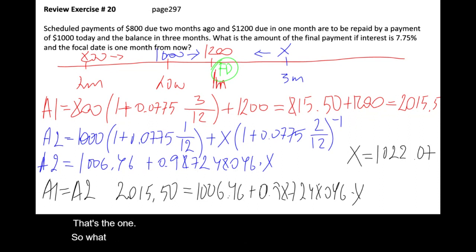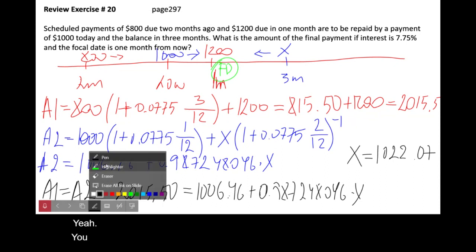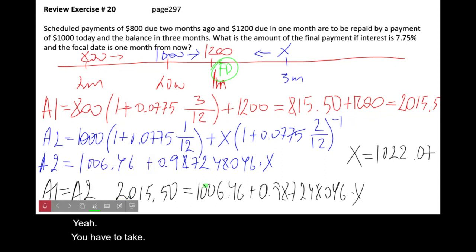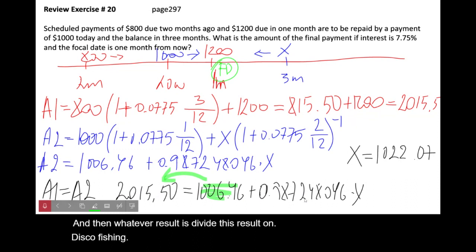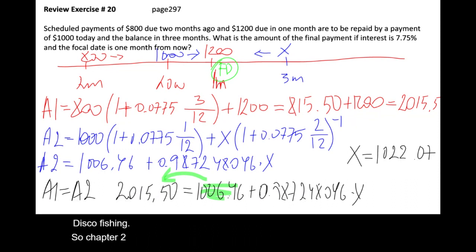So what you have to do is take this amount to the left, changing sign, and then divide whatever result by this coefficient. So chapter 2.5, that's for you to go and refresh how to solve equations.